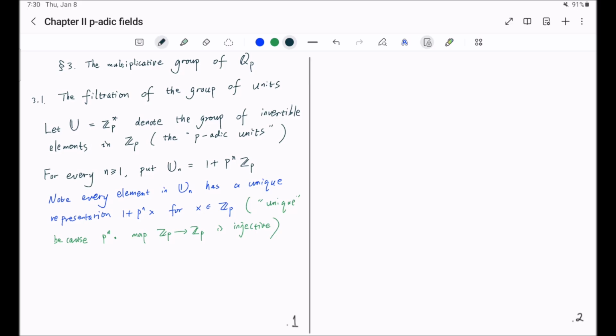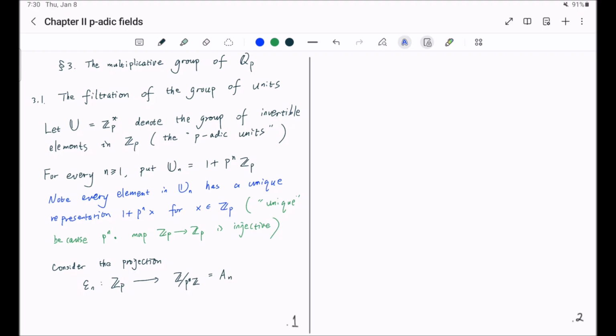Now we consider the projection of Z_p onto its nth component, meaning Z mod p^n Z. This is also denoted by A_n. And this projection, with our own notation, is epsilon sub n.